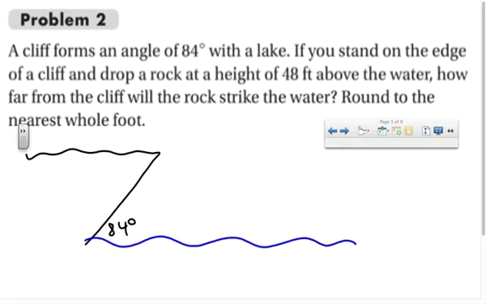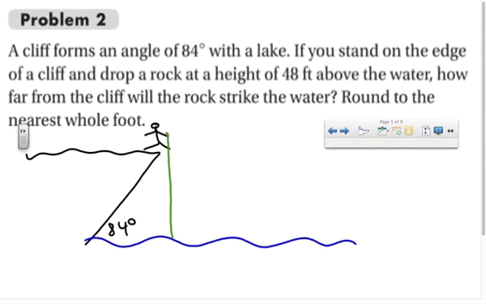So there's my 84-degree angle. If I stand at the edge of the cliff, so here I am, and I'm dropping a rock, I would hope that you'd see the right triangle that's formed there.